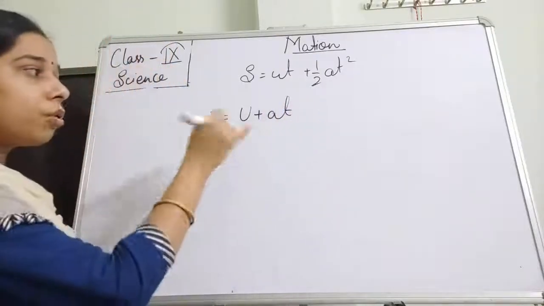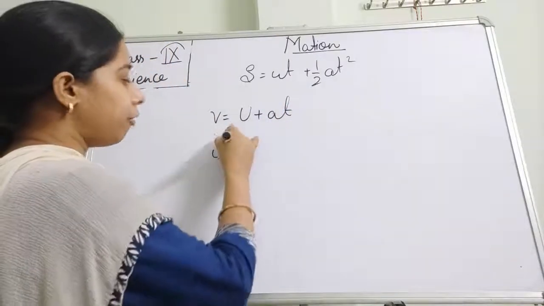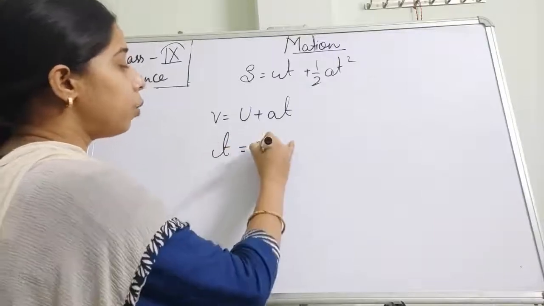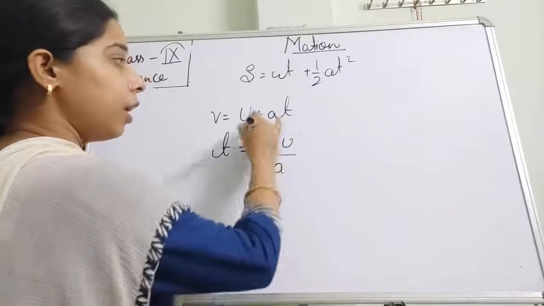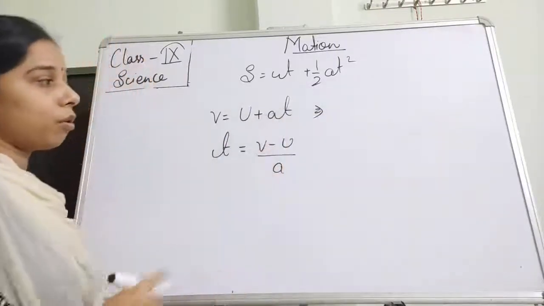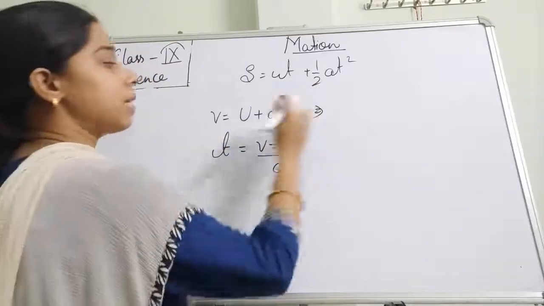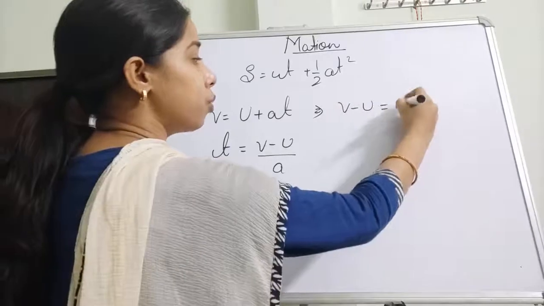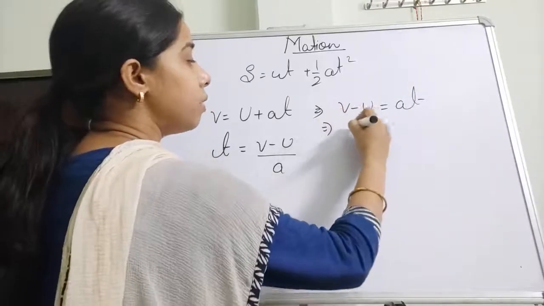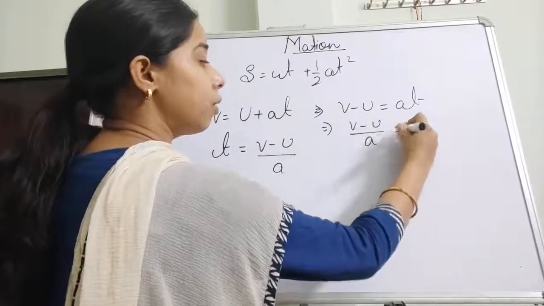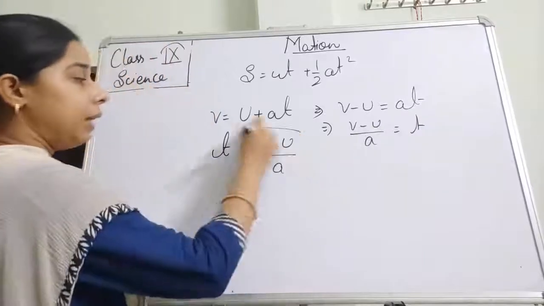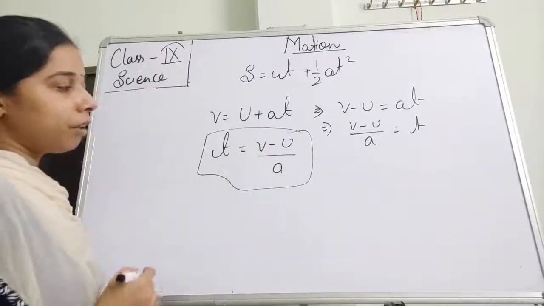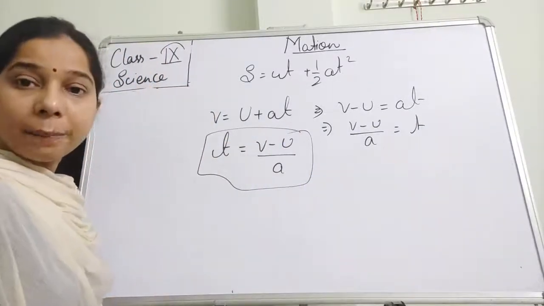We can also rearrange it, and after rearranging, t will be equal to v minus u upon a. It's quite easy to understand: when u comes to this side, it becomes minus. So v minus u is equal to at, or we can write v minus u upon a equals t. So for t we will get v minus u upon a.